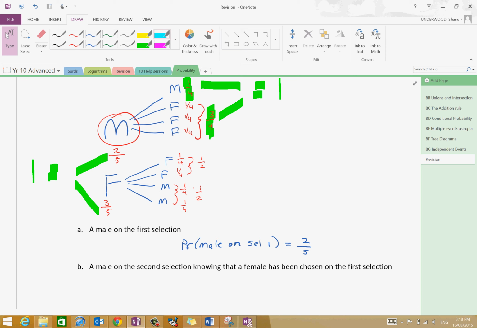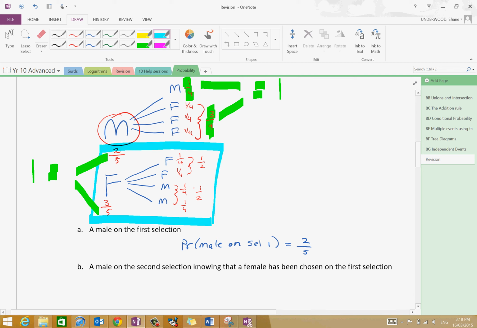If we know that we've selected a female on the first selection, we're only looking at this side of the tree. This is our sample space. So directly from that, we can say a male on the second selection, knowing that a female has been chosen. What's the probability of a male given that a female's been chosen? The probability of this is equal to 2 out of 4, which is equal to a half. Straight from the tree diagram again.